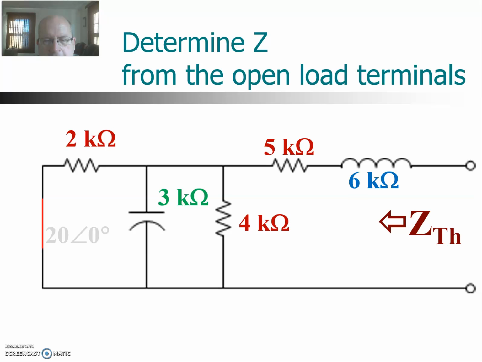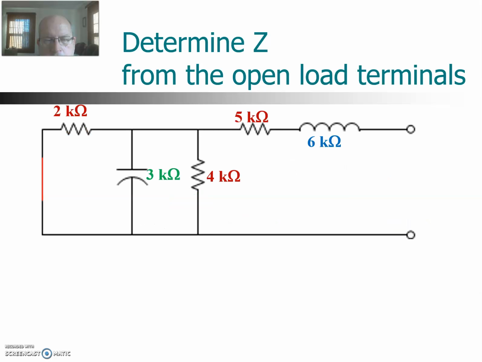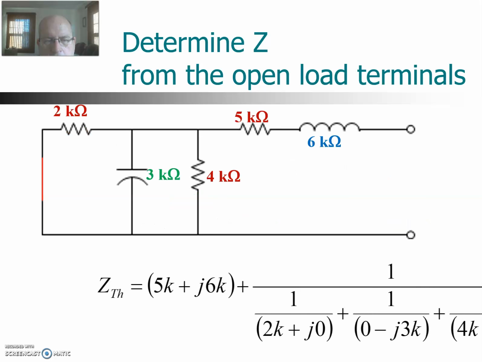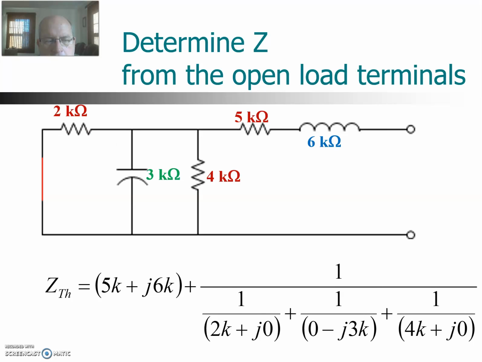Now, in order to find the Thevenin Z, we look in from the load terminals, and of course that load is still removed. So now we have the 5K and the 6K in series, and we have the 3 and 4, and also the 2K are all in parallel. So the formula for the Thevenin impedance here is the 5K plus J6K, that's in series, and we add that to the parallel combination.